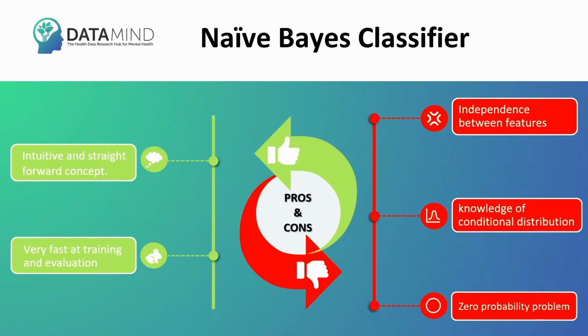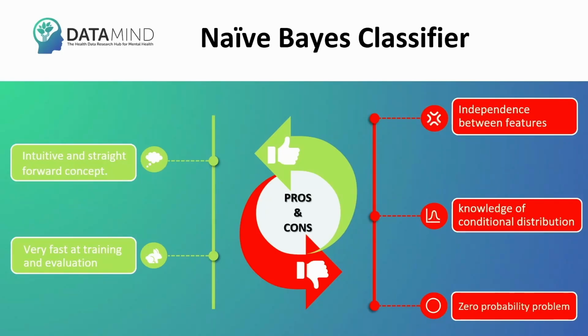In terms of the disadvantages, the main disadvantage is that it assumes that the features are independent, and this is not typically the case in real data. Also, it requires prior knowledge of the conditional probability distribution of each of the features.